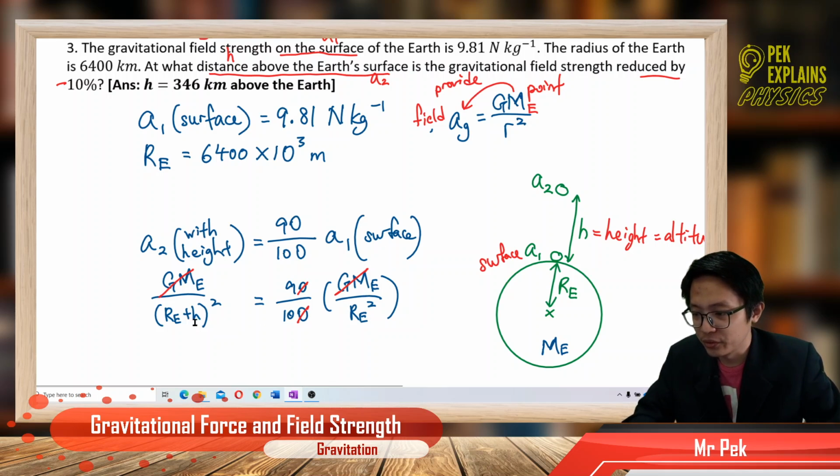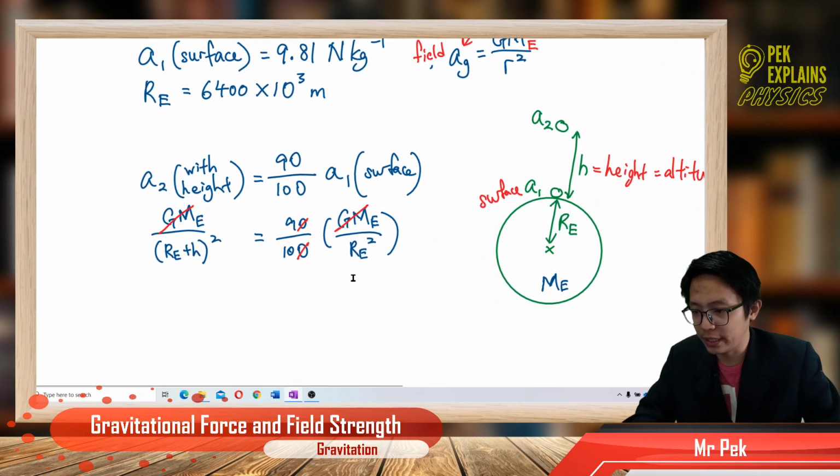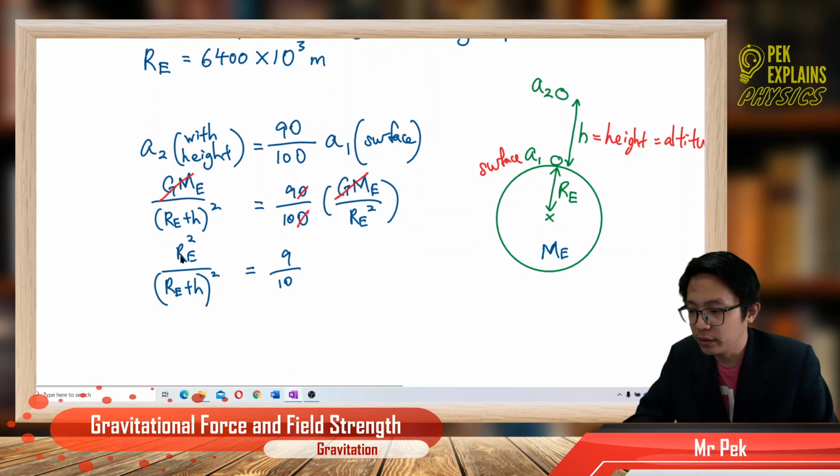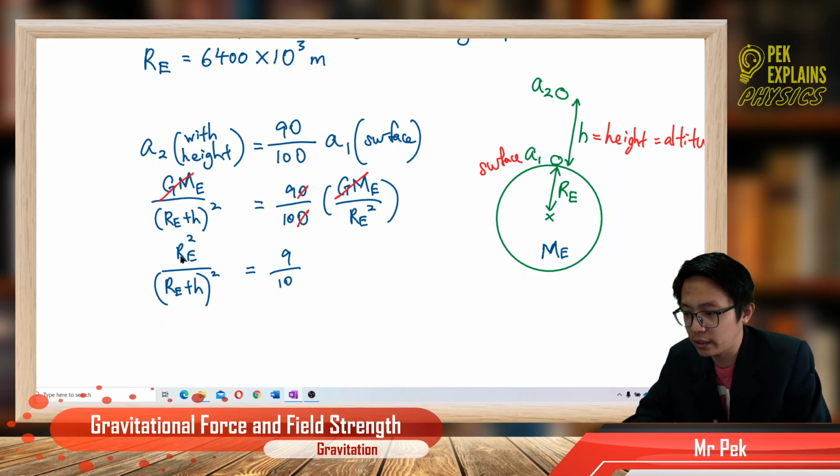Okay, so now we can continue. The square, we put all to one side. So radius of Earth square over radius of Earth plus h square equals 9 over 10. Actually, we can square root both sides.